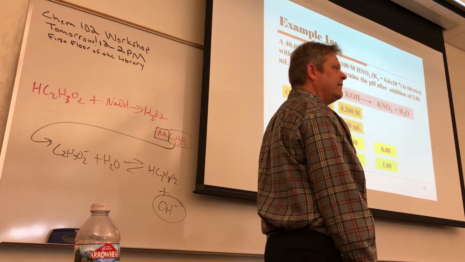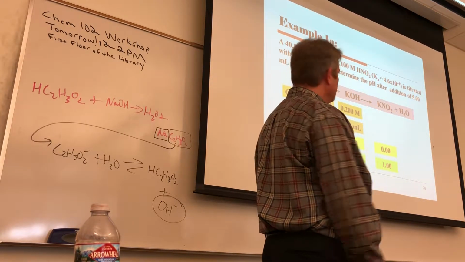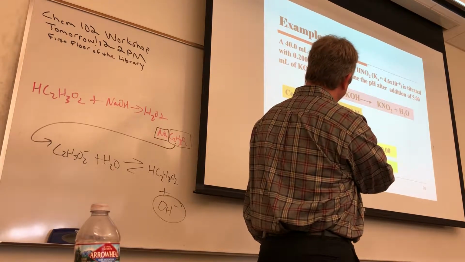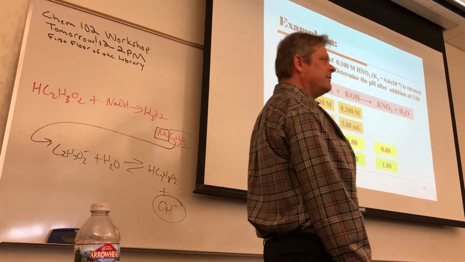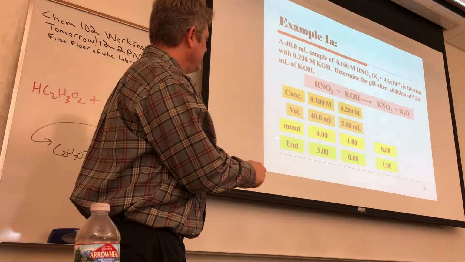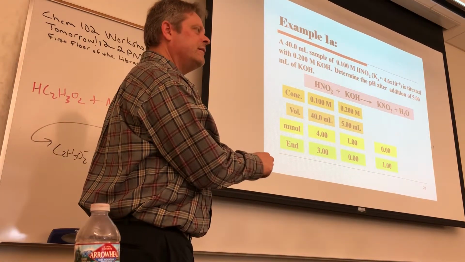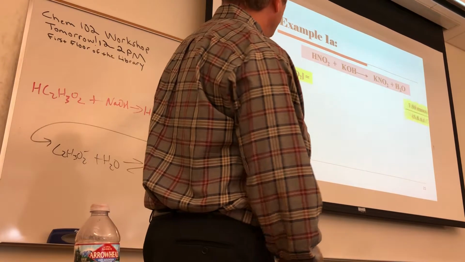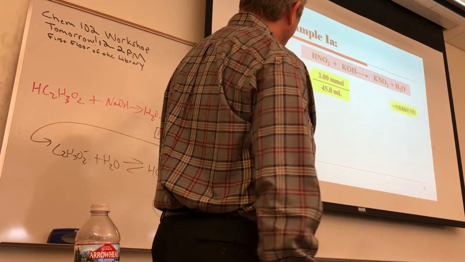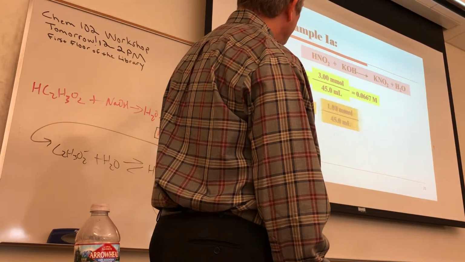I have a buffer. I have the weak acid and its conjugate base. So where is this on that curve? Somewhere over here. Okay, good. So now I can figure out the concentration of that thing there, and then I can go ahead and figure out the concentration of this thing.